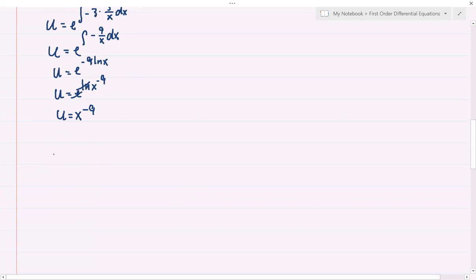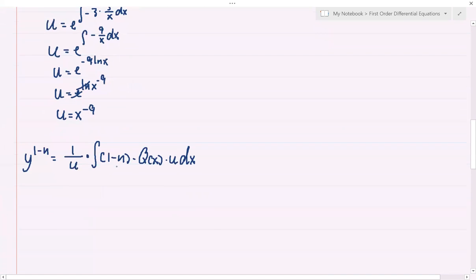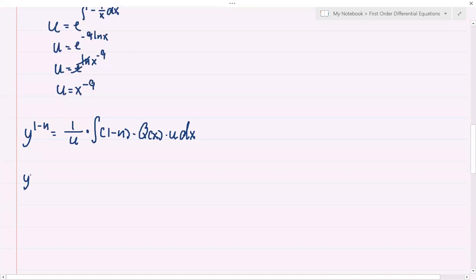Now, if we have your integrating factor, we can now proceed to this formula, which is y raised to 1 minus n is equal to 1 all over u times the integral of quantity 1 minus n times Q of x times u. Okay? So now let's substitute. Your n is actually 4.